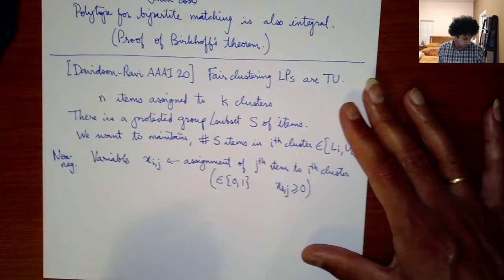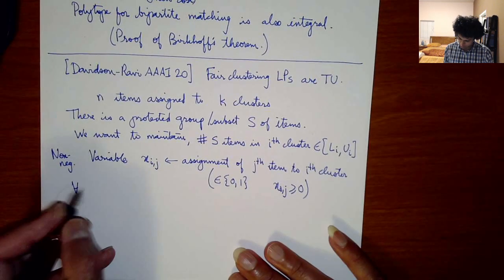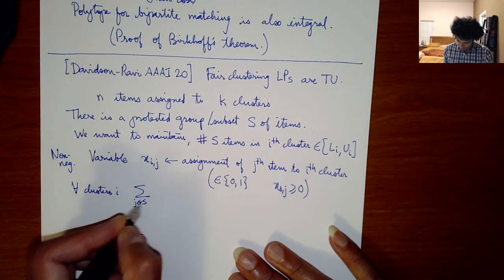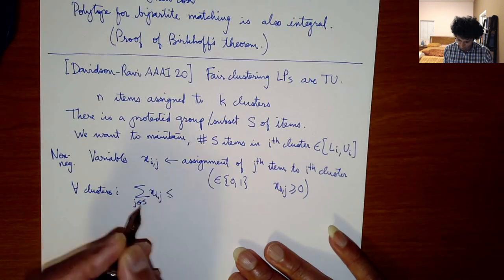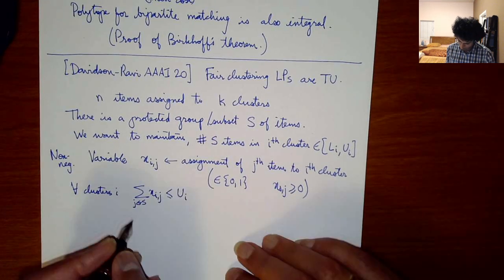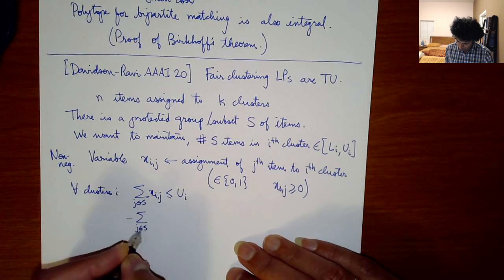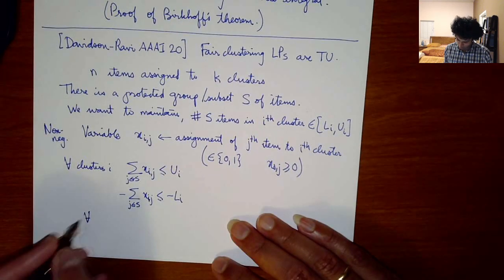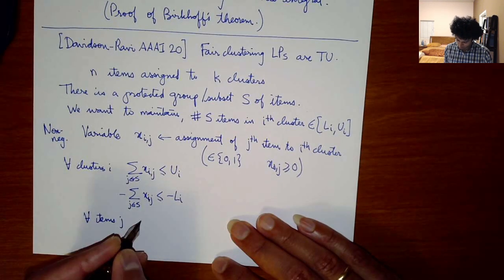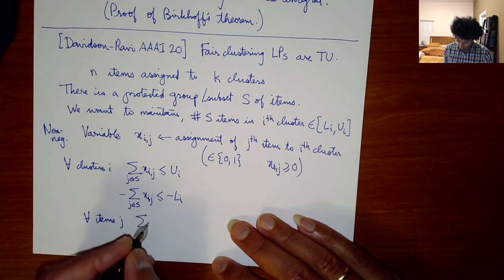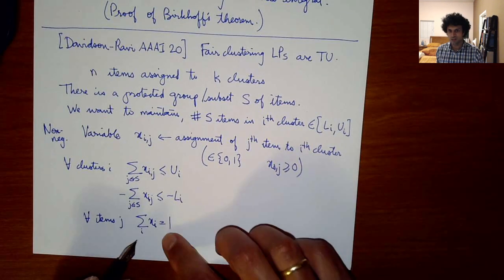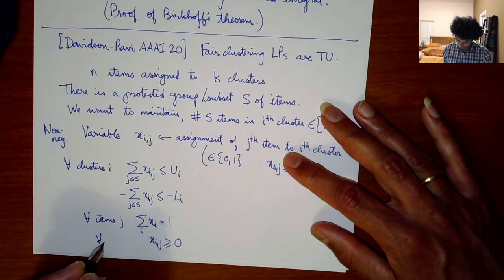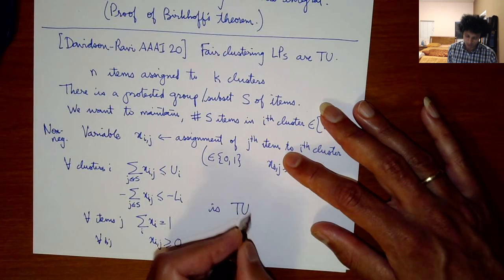And so what we have is that, for all clusters i, the summation over j in S of x_ij is at most the upper bound, the summation over j in S of x_ij is at least the lower bound, and for all items j, the summation over i of x_ij is equal to 1. This means that j has to be assigned to some cluster. And this is actually totally unimodular.